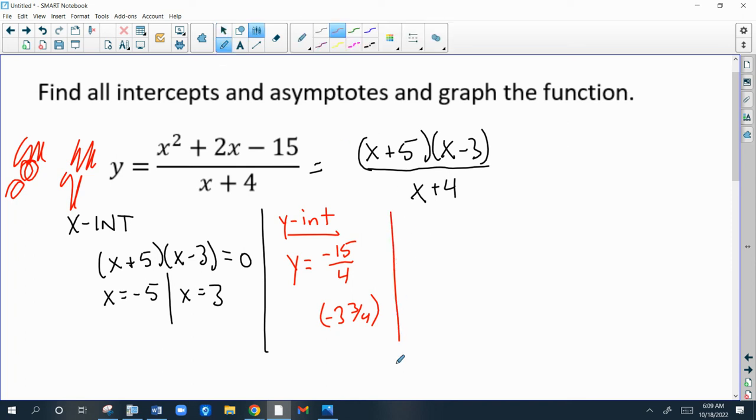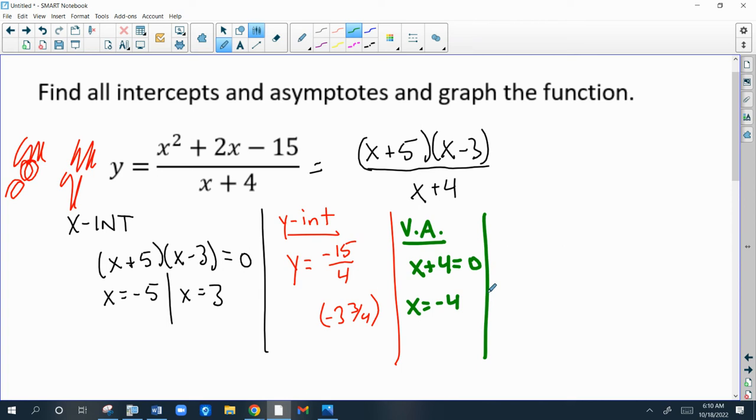All right, so asymptotes. Vertical asymptote is where the bottom equals 0, where this fraction is undefined. So the bottom is x plus 4. Obviously, that equals 0 at x equals -4. Horizontal asymptote.